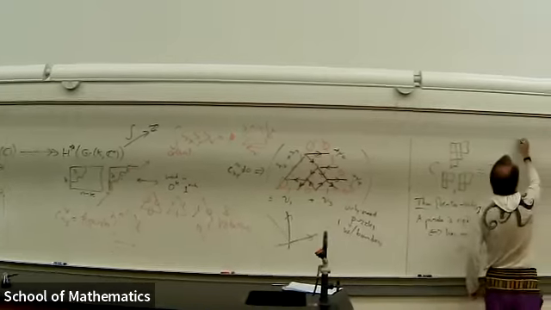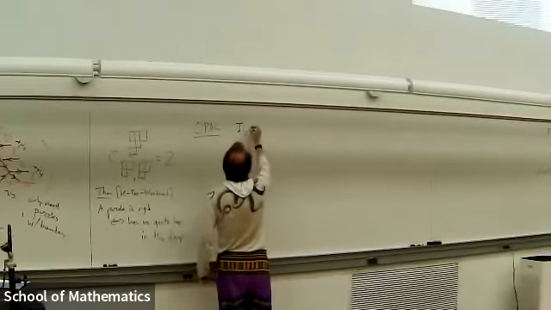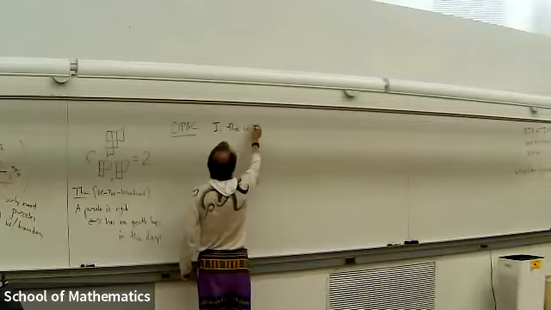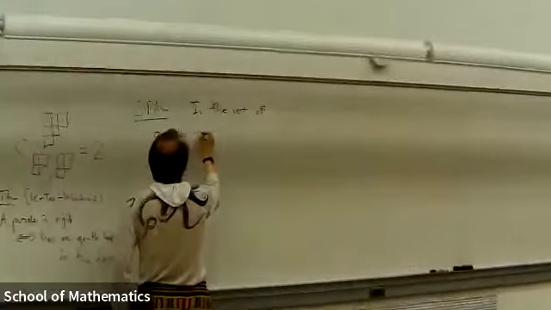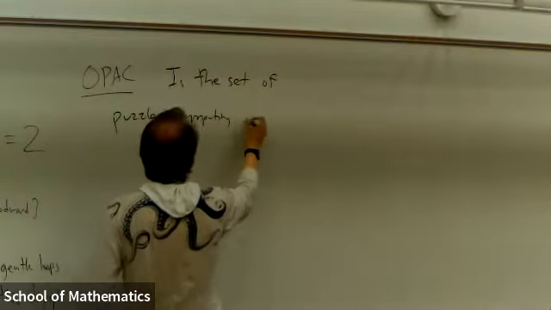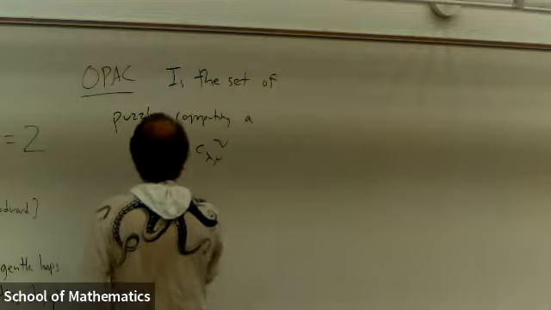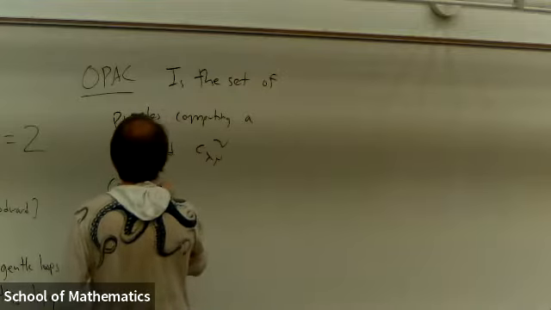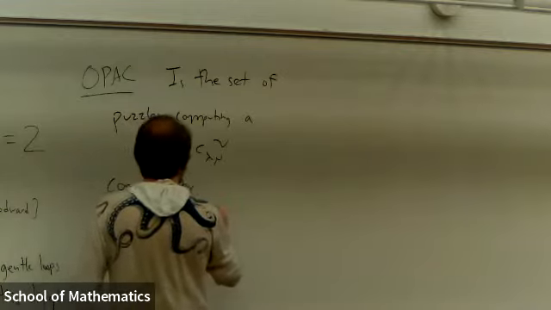So here's an open problem in algebraic combinatorics. Is the set of puzzles computing a fixed C lambda mu nu connected by breathing these gentle loops?